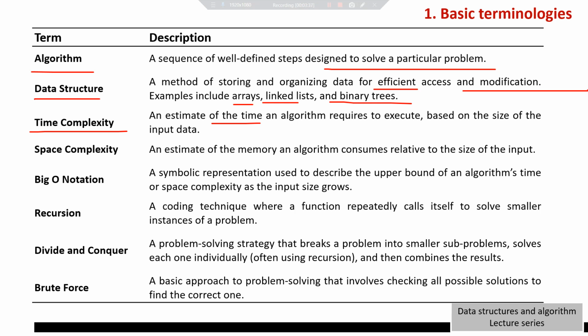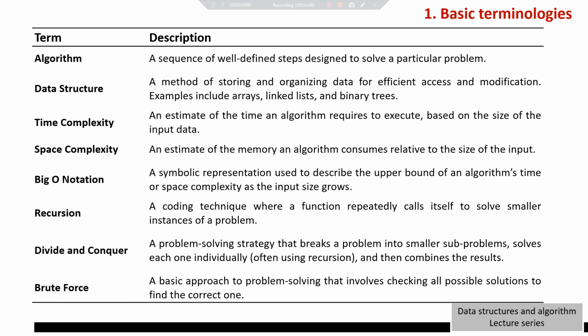Then next is space complexity, an estimate of memory an algorithm consumes relative to the size of input. Next is big O notation, a symbolic representation used to describe upper bound of an algorithm's time and space complexity as the input size grows.